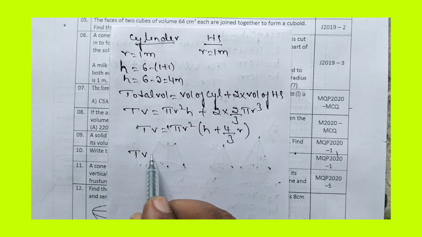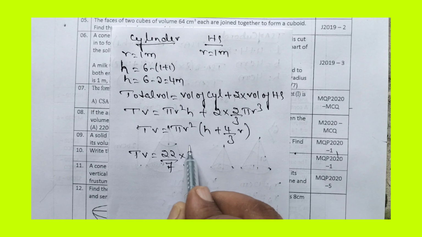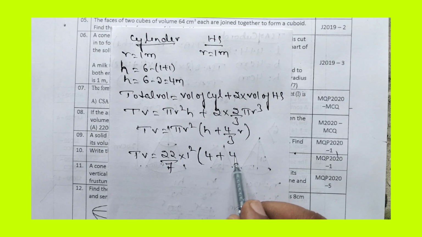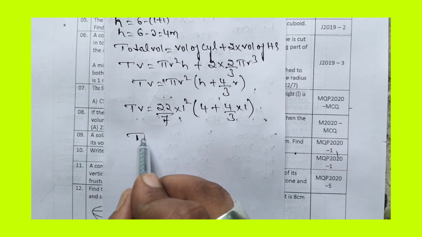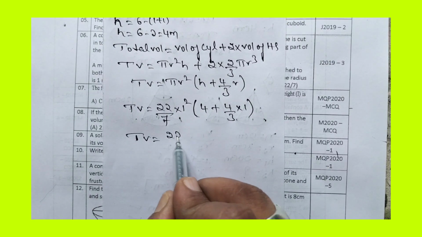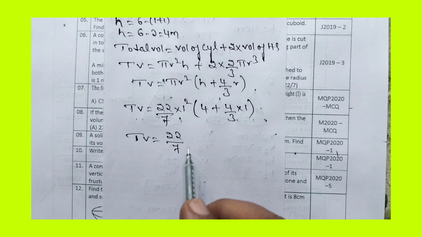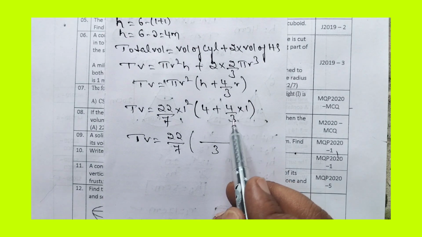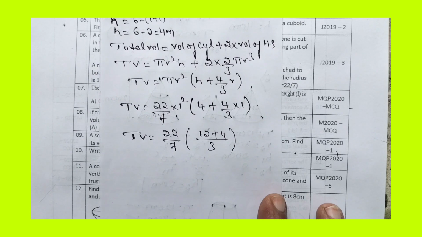So taking common, total volume is equal to 22 by 7 into radius 1 square into height of the cylinder 4 plus 4 by 3 into radius 1. Let us leave the 1, we need not consider it. Taking LCM 3, 4 ones are 4, 3 4s are 12 plus 4 divided by 3.